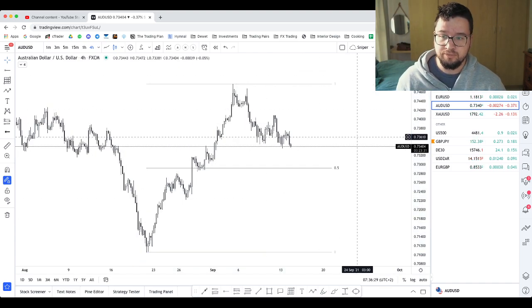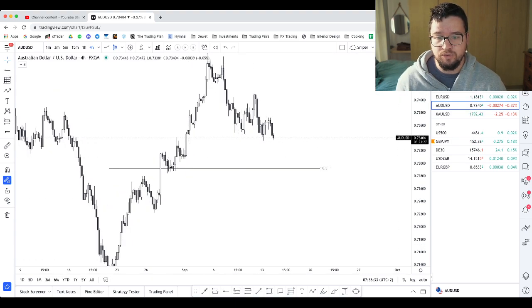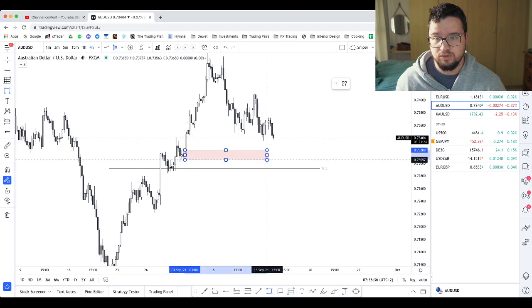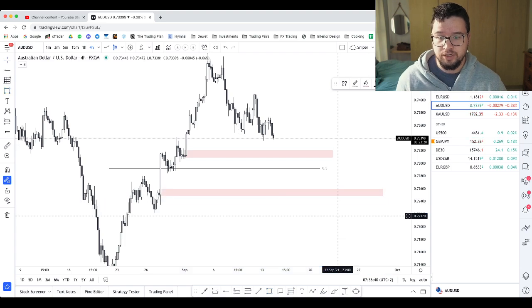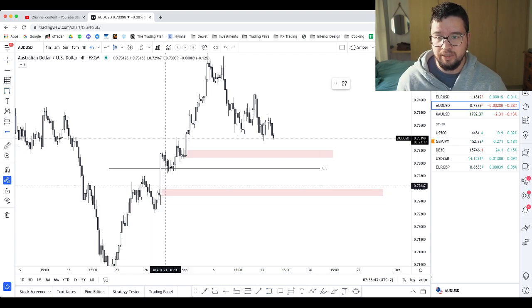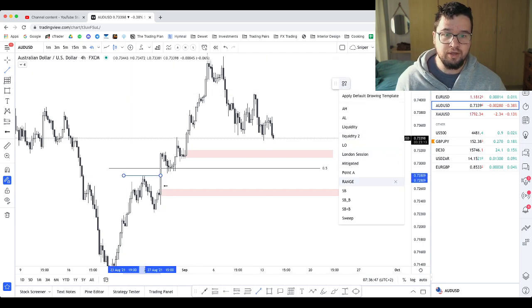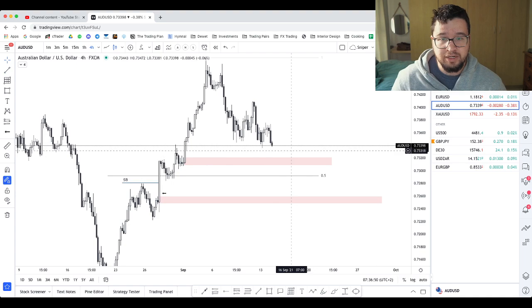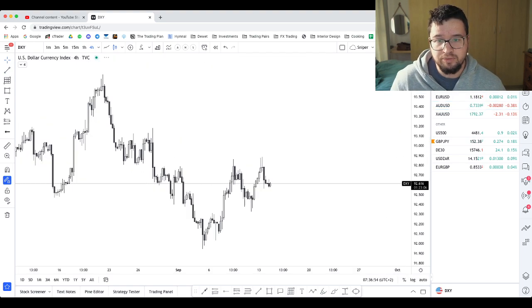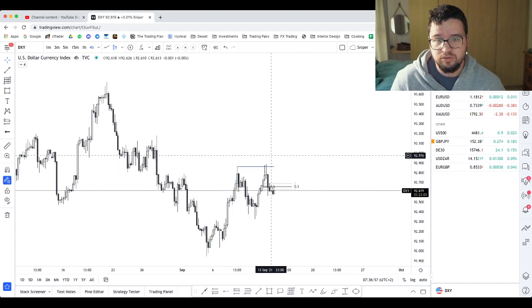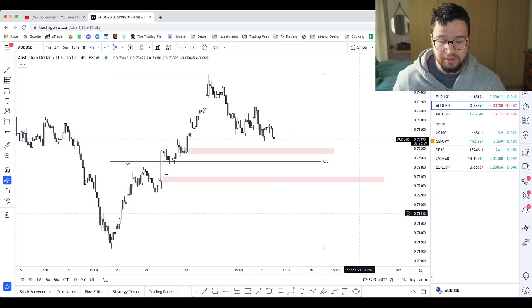So plain and simple. Now we have a lot of areas where price can be reaching for. So we have that order block, then we have this small one over here, including some imbalance and a very nice structure break there as well. So price, I think, is going towards the downside on AU, and probably the dollar index is moving up higher towards, I don't know where. So Aussie dollar, I think, potentially sells.